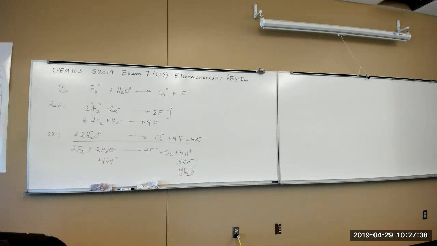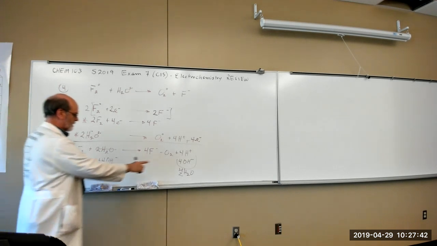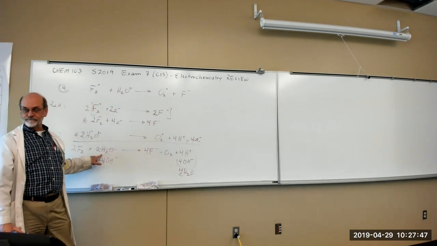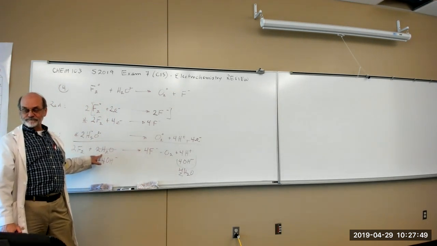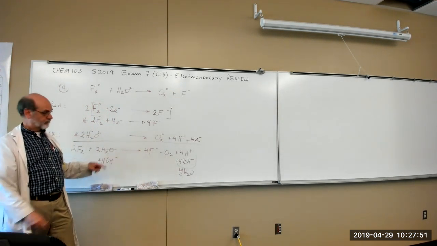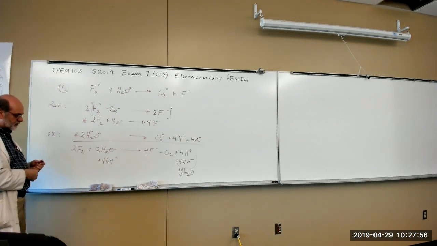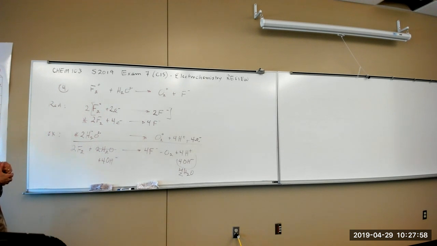Okay, and you crossed that 2 H2O because we have 4 on this side. Oh, I didn't write these. 4. Yeah. The 4 electrons cancel out.